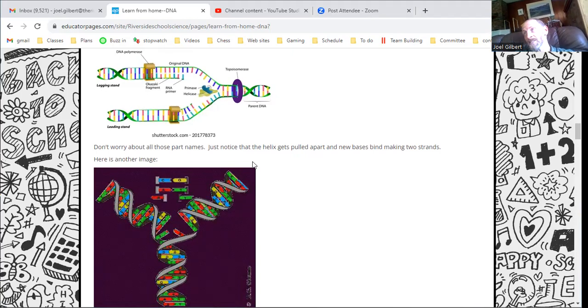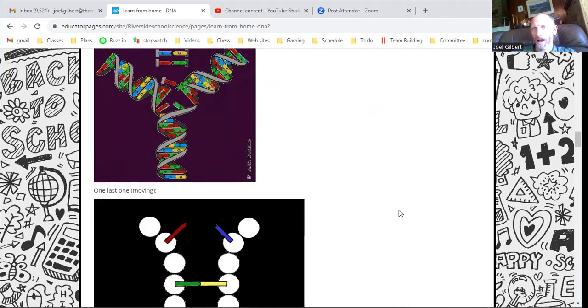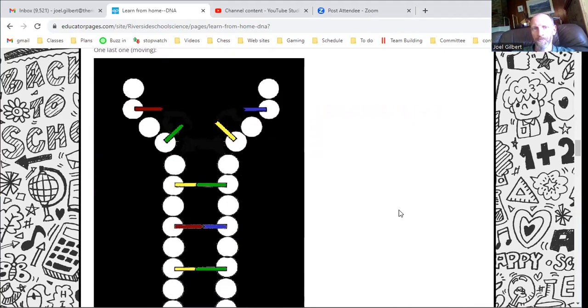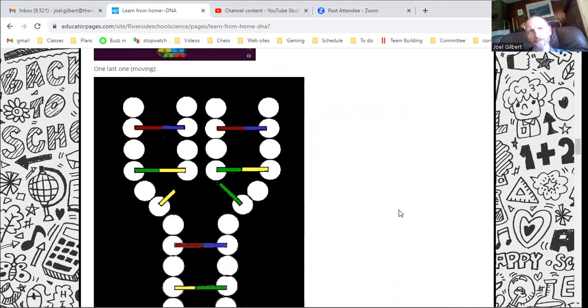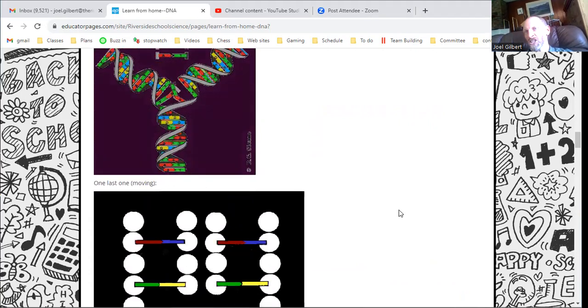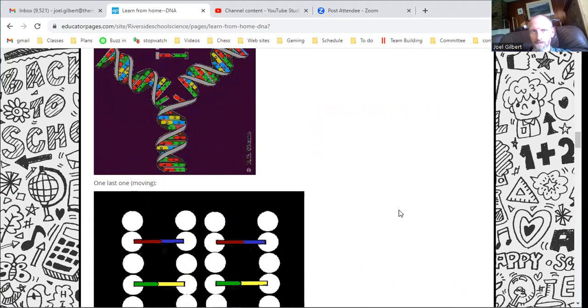A's with T's, C's with G's. And then at the end of it, you end up with 2 strands that are identical to each other. This is where mutations come in, which we'll talk about later this unit. If you have enough energy, you can ram the wrong pieces together, an A with a G, say, and that's not good.